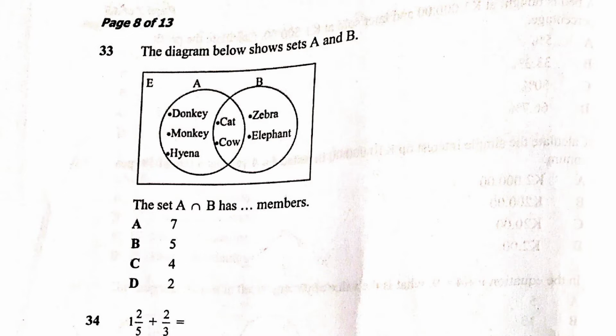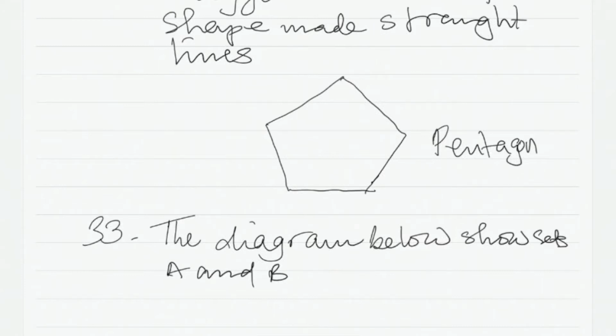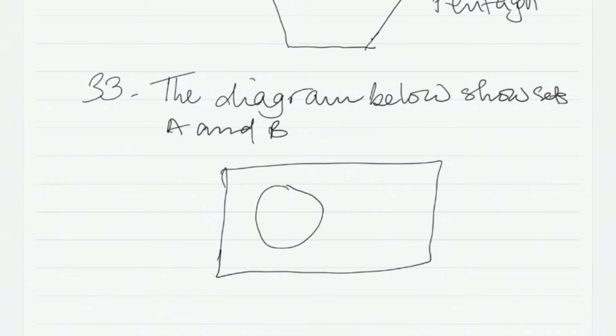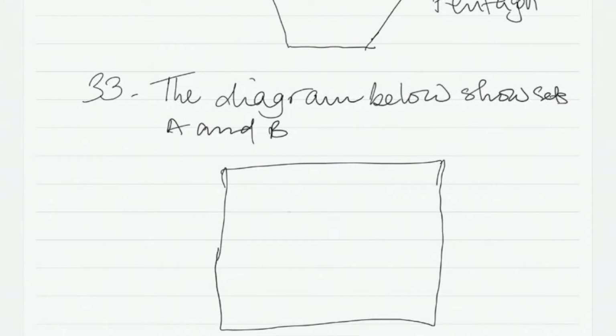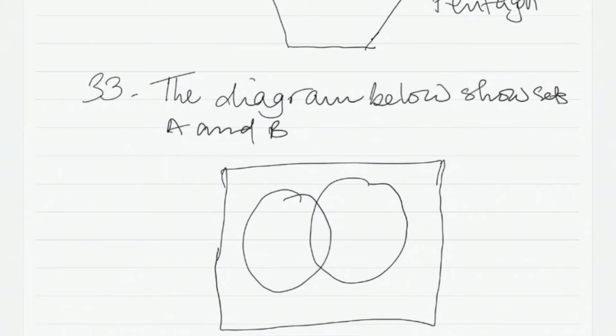The diagram below shows sets A and B. That is set A and B. Set A has the following: donkey, monkey, hyena.